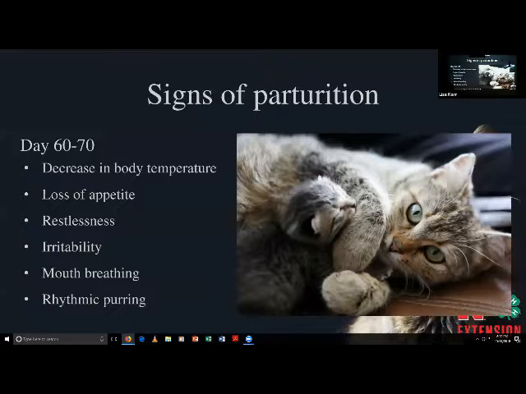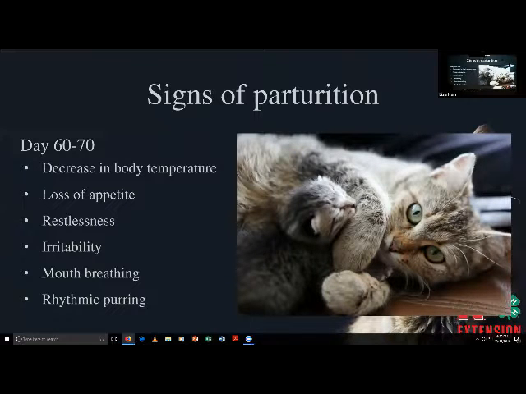So there are a number of signs to look for that indicate the cat is going to give birth soon. And you should just keep an eye out for these starting around day 60. About 12 to 36 hours before giving birth, the cat's body temperature will decrease. You can start checking the cat's temperature about the 61st day of pregnancy to get a good idea of when the kittens will be born.